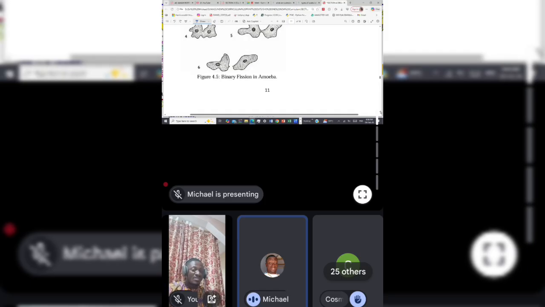We call this one binary fission. This one is the entire cell dividing. But under mitosis, you see the chromosomes will move. There will be chromosome segregation, and so mitosis is an advanced form of what we are seeing here. So if you want to liken it, this one will look like a lower version of mitosis rather than meiosis, but they are different things.